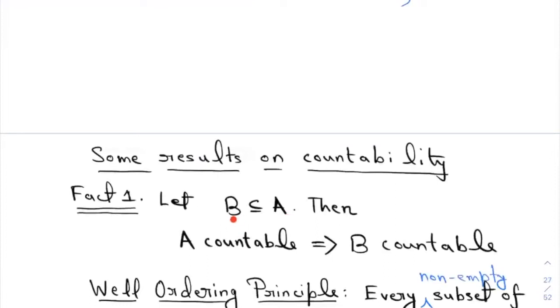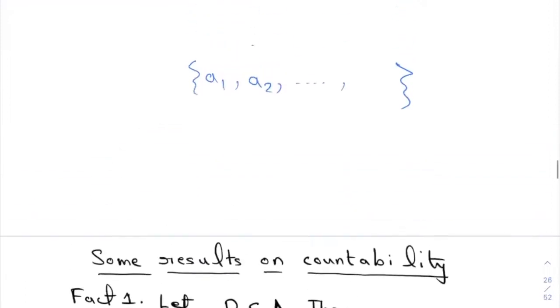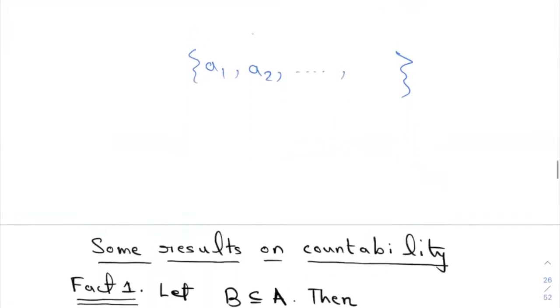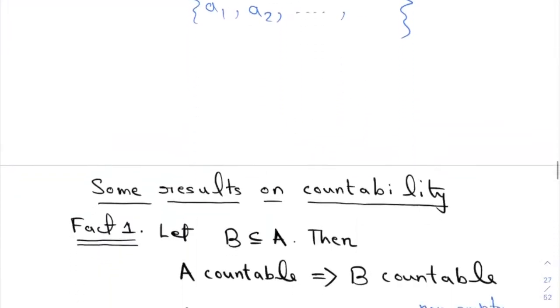And if B is finite, no matter what A is, B is also countable. So we can assume without loss of generality that both are infinite. And since A is infinite and countable, I can list out the elements of A in this fashion.